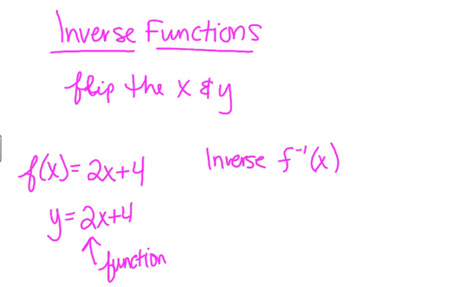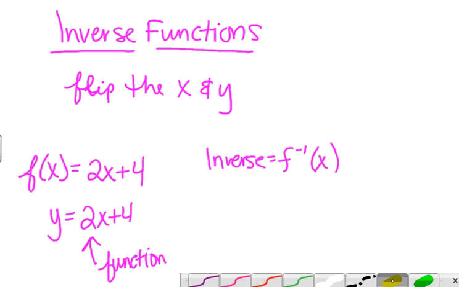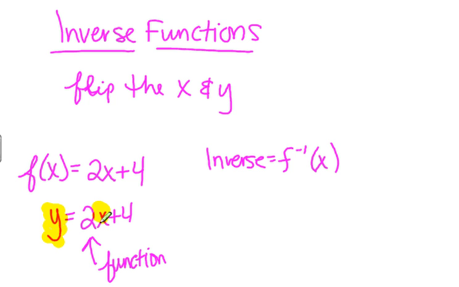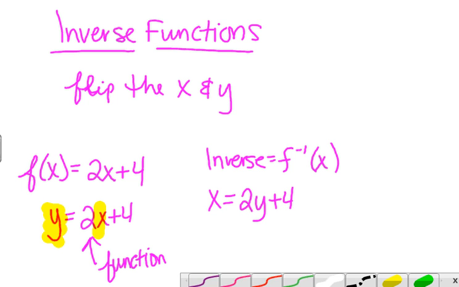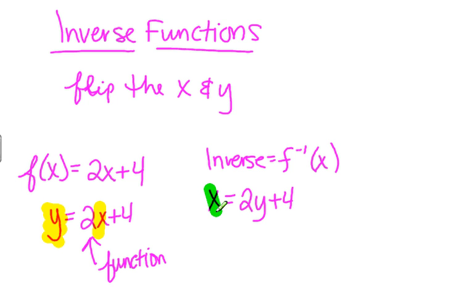So if you see that, this means the inverse. You're going to switch the x and y. So notice the y here and the x here, right? So I am going to flip-flop those. So now I'm going to have x equals 2y plus 4. So the only thing that changed was the x and the y. Do you see that? All right, awesome.